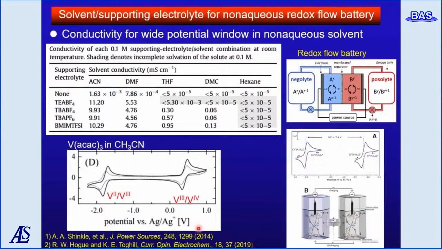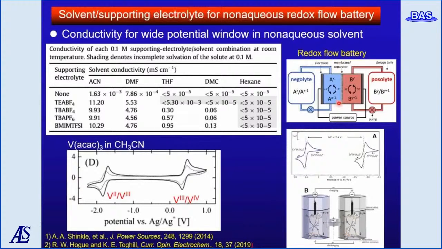A redox flow battery using the aqueous vanadium ion solution is known as a system for storing electricity generated by solar power. This is a system in which the redox pairs with different potentials are stored at the anode and cathode, and current is extracted by bringing the two solutions into contact when necessary.